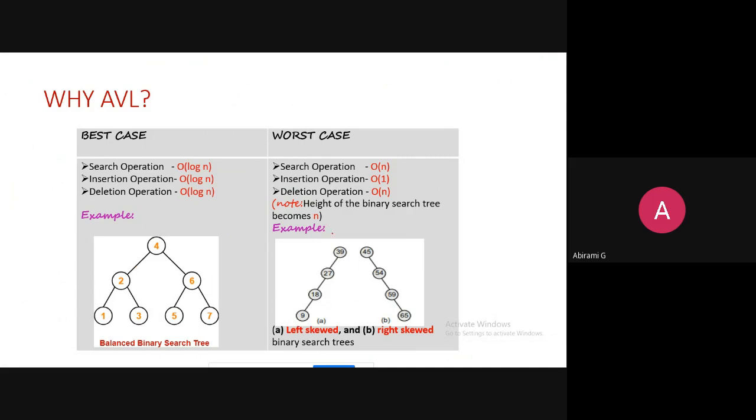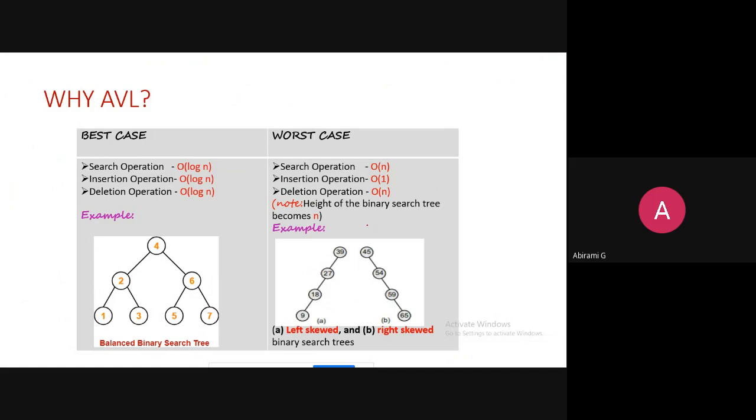And if it is an imbalanced binary search tree, not a balanced one, either a left skewed binary search tree or a right skewed binary search tree, then search and deletion operations require order of n time. So we can say the time complexity depends purely on the height of the binary search tree.